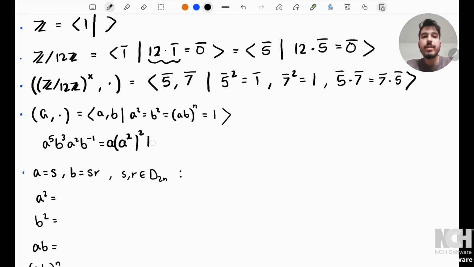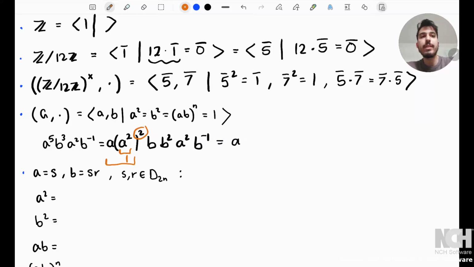And b to the 3 is equal to b times b squared. And a squared is already there, and b to the minus 1 is already there. So what do I obtain here? We know that a squared is equal to 1, and 1 squared is equal to 1, and a times 1 is equal to a. So that all is equal to a.